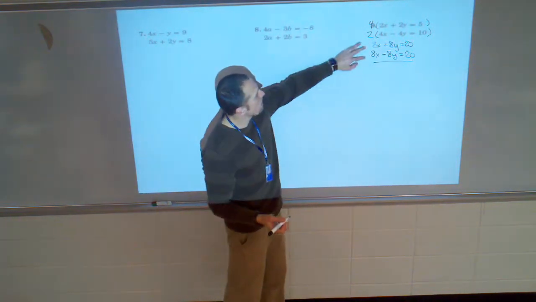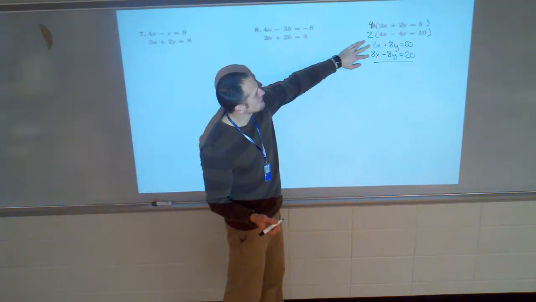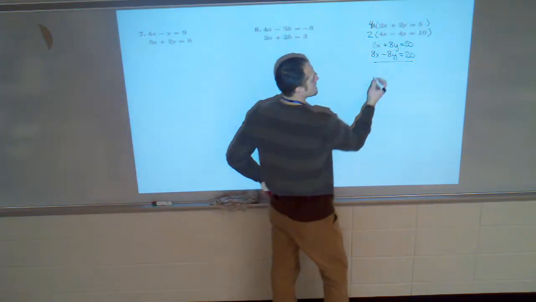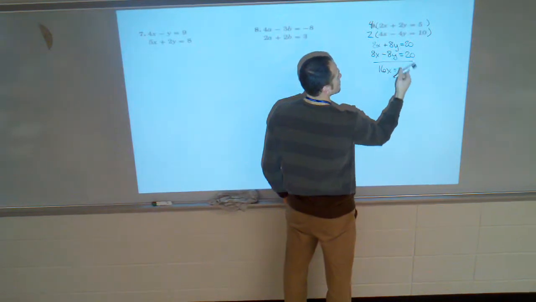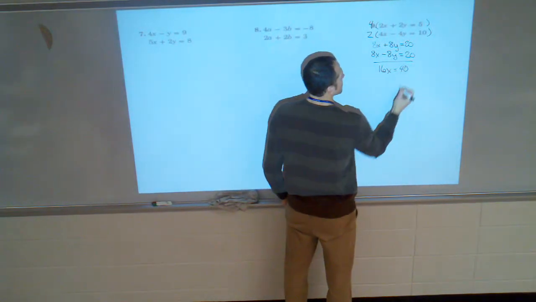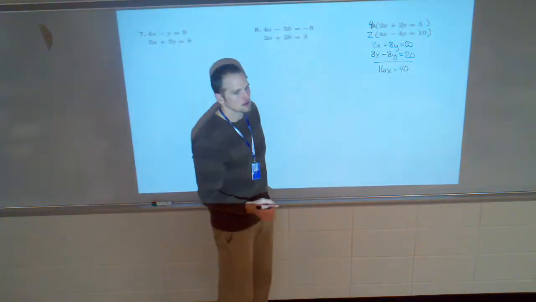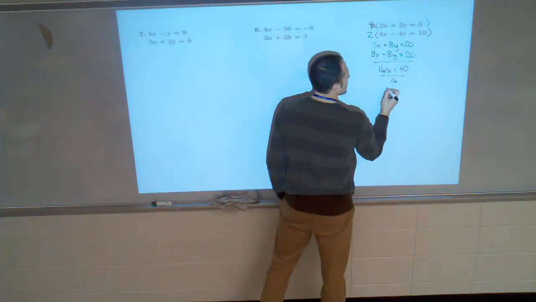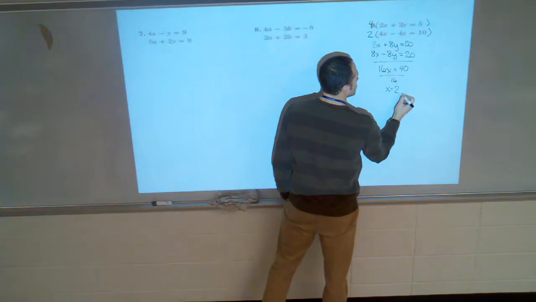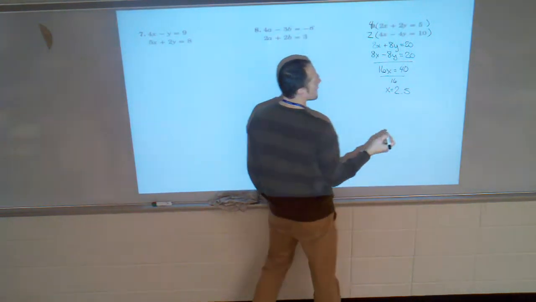Now, combine them. This is going to be 8x, and 8x is 16x is equal to 40. All right? Divide both sides by 16. X is equal to 2.5.